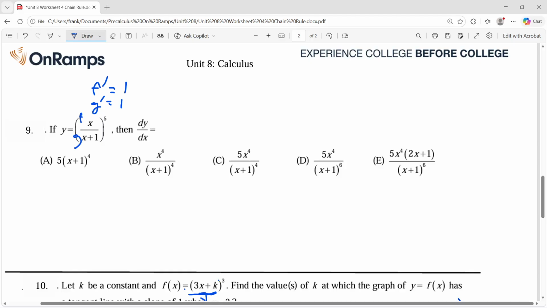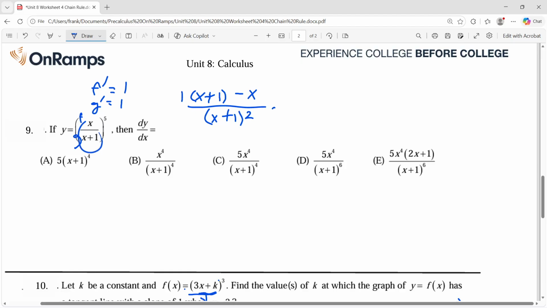So f prime g, it's 1 times x plus 1. I'm doing the derivative of the inside thing first. Minus g prime x, minus 1 times x, all divided by g squared, (x plus 1) squared, times the derivative of the outside.